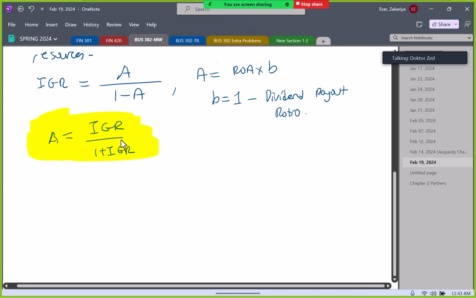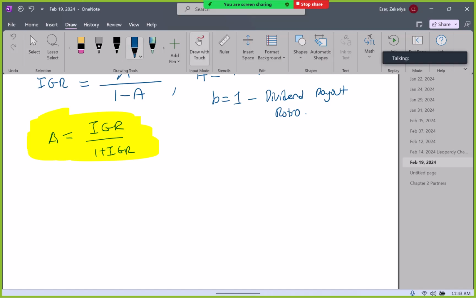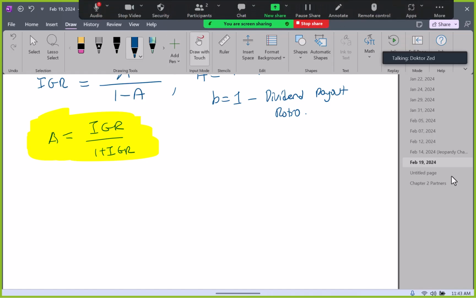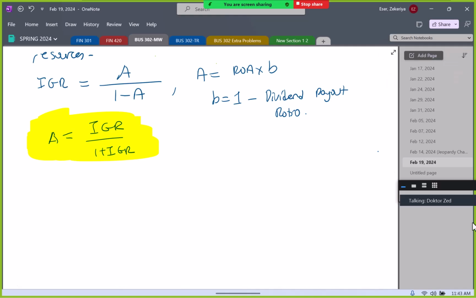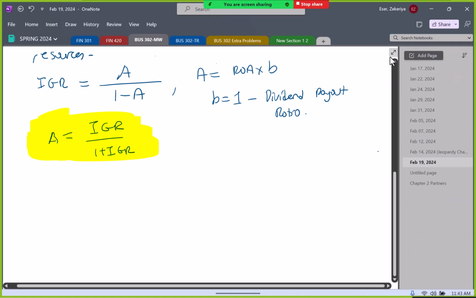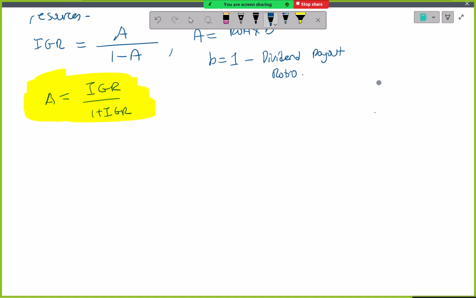For example, suppose you have an ROA of 10%, remember, return on assets.